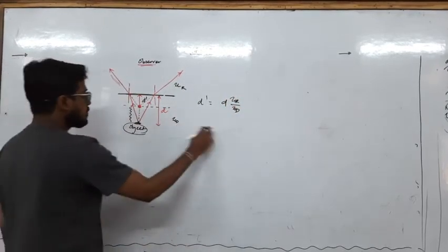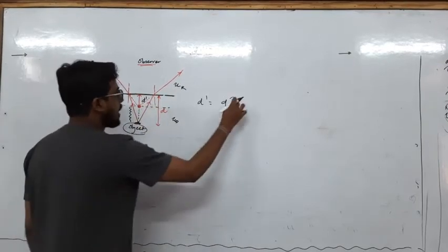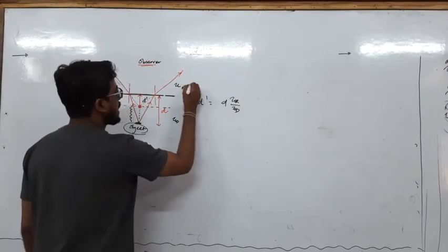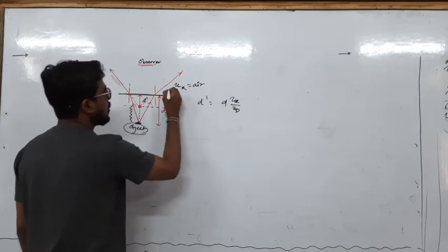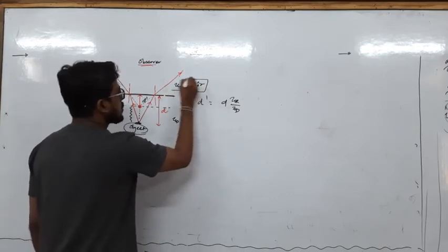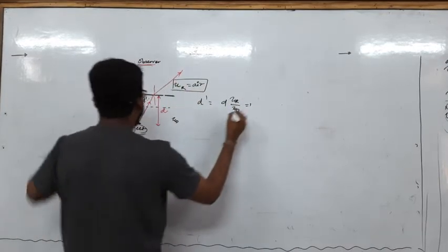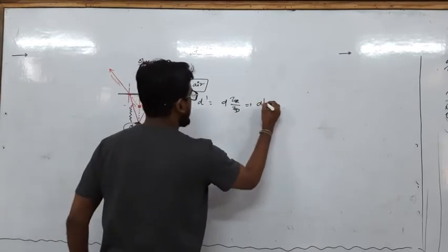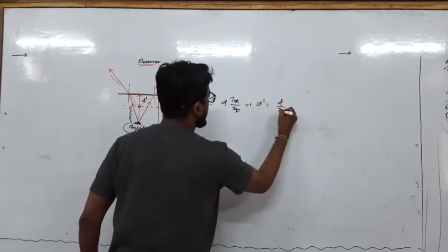Clear? If the rarer medium is considered as air, what will be the apparent depth? D dash will be d by mu d.